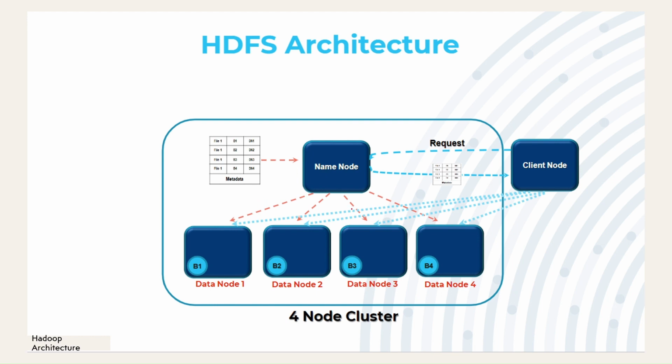Initially the client made a request to the name node, the name node responded with the metadata, and after that the client node collects the data from data node 1, data node 2, data node 3 and data node 4.